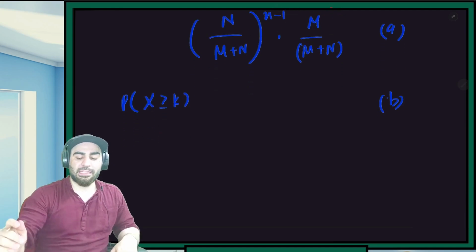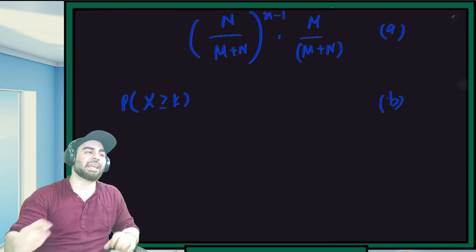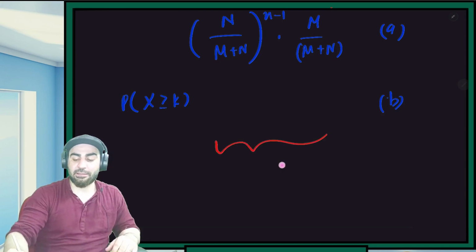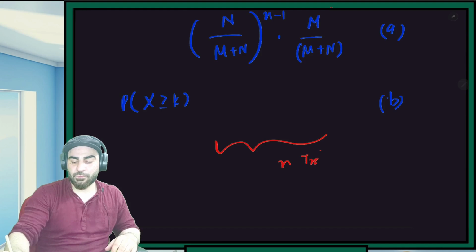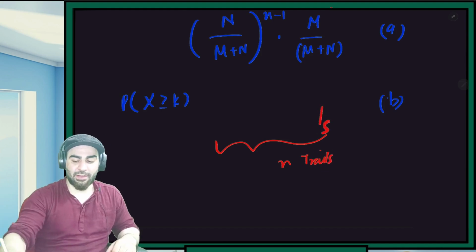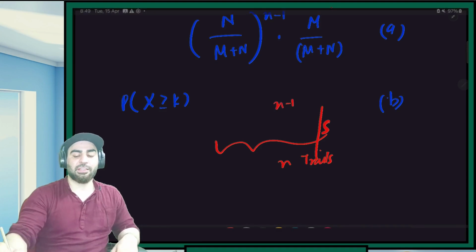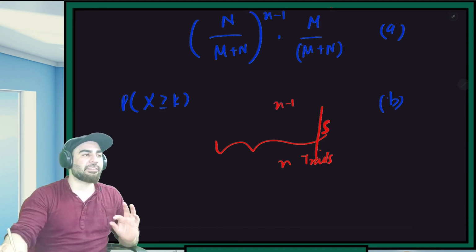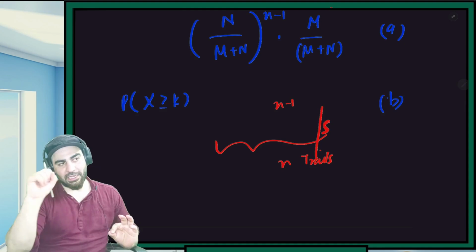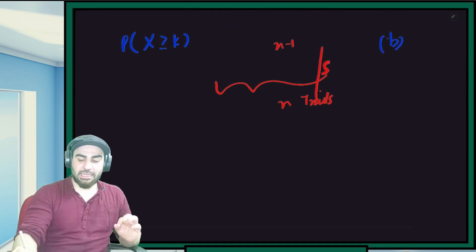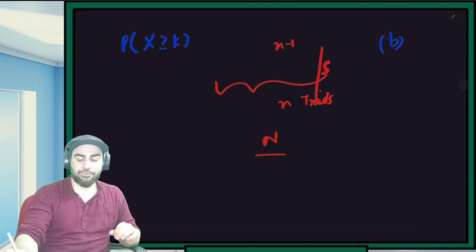Okay, so let's suppose what the meaning of this is. If I take n trials, in the n trials, the last will be a success because I'll stop once I get a success. Now I'm left with n minus 1 trials. So in this n minus 1, I should at least have k failures, or k plus 1, k plus 2, whatever. So what I'm saying is the failure probability is n divided by m plus n.